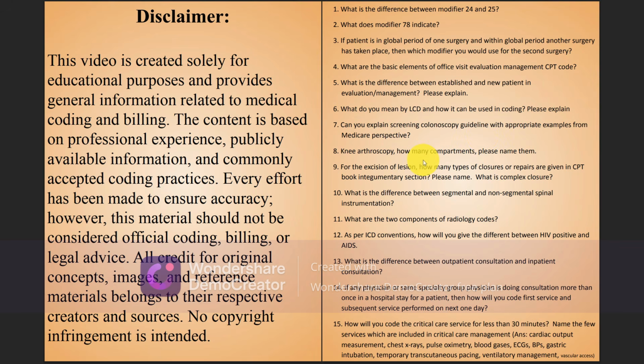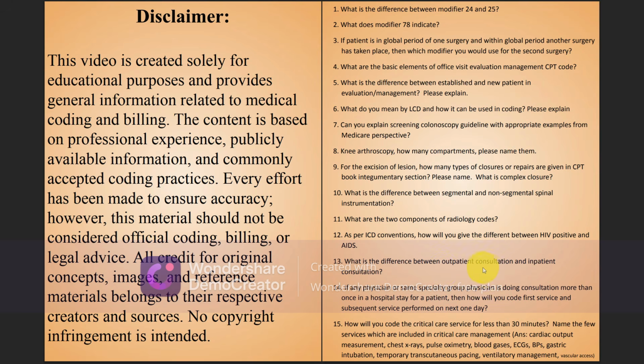Knee arthroscopy: how many compartments? Please name them. For the excision of lesion, how many types of closures or repairs are given in the CPT book integumentary section? Please name. What is complex repair? What is the difference between segmental and non-segmental spinal instrumentation? What are the two components of a radiology code? As per ICD conventions, how will you explain the difference between HIV positive and AIDS?